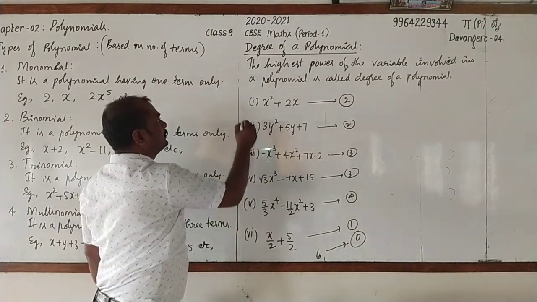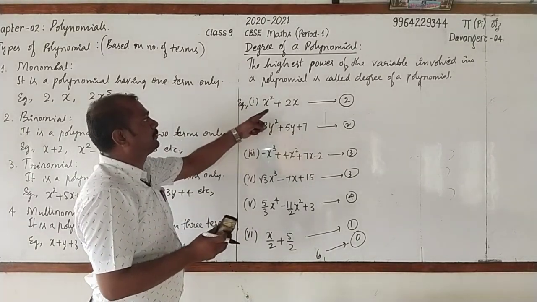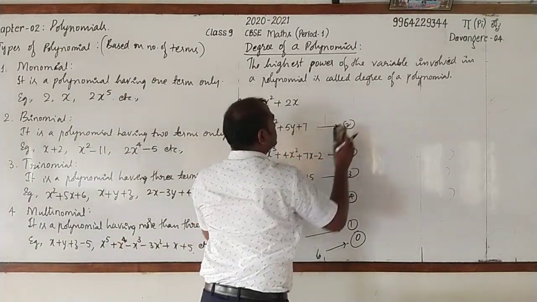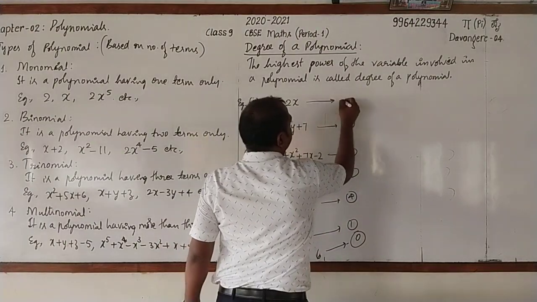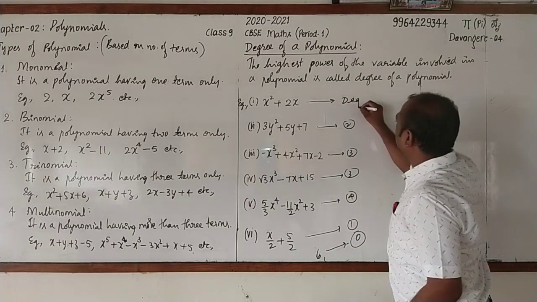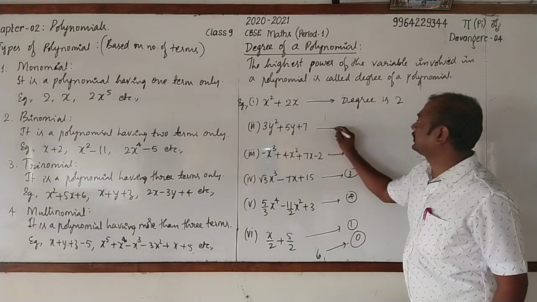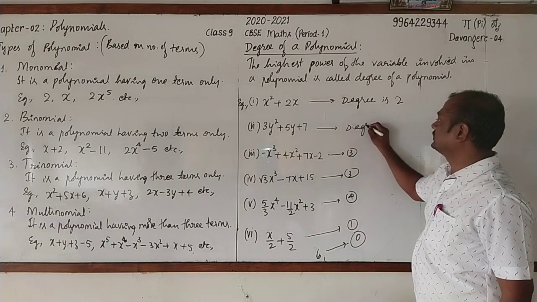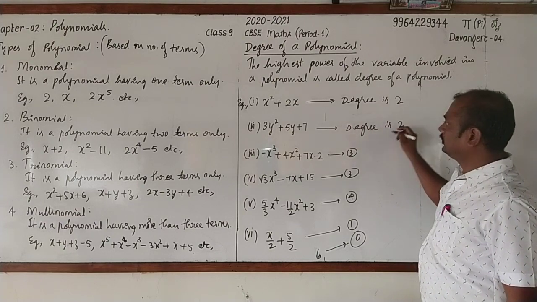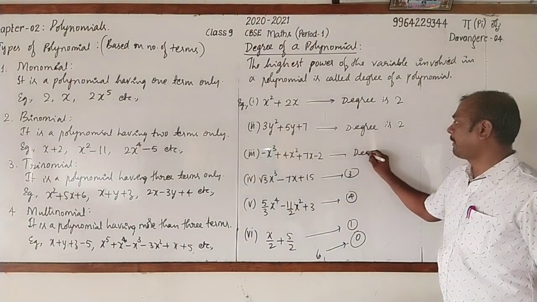These are some of the examples. First one, x square plus 2x. What is its degree? Degree is 2. Next, for this, degree is again 2. Here degree is 3.